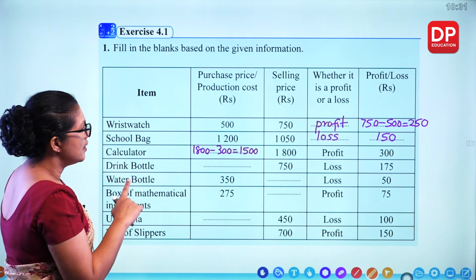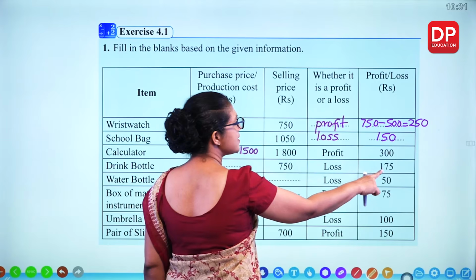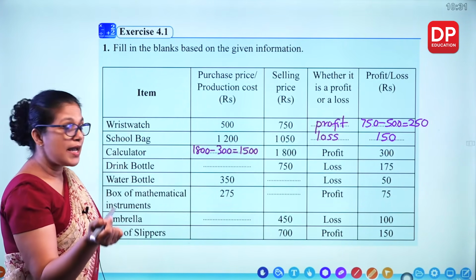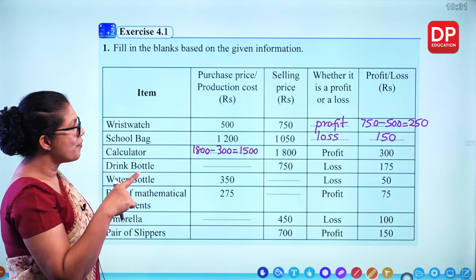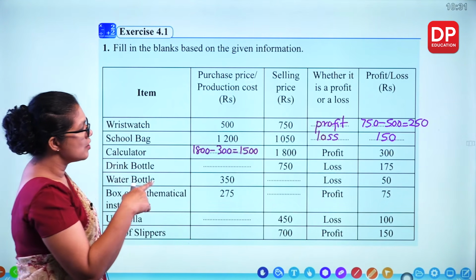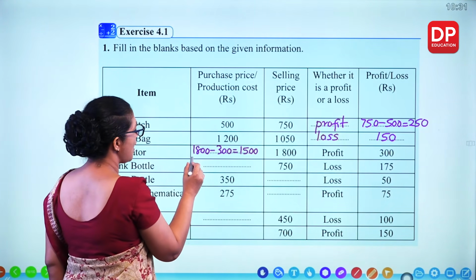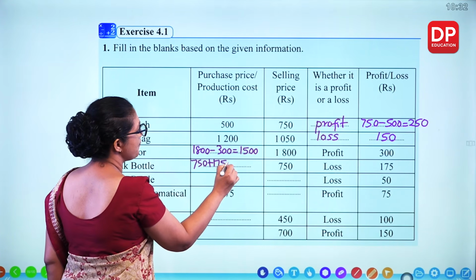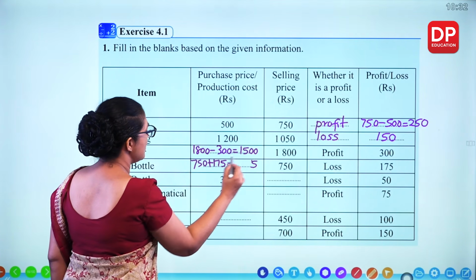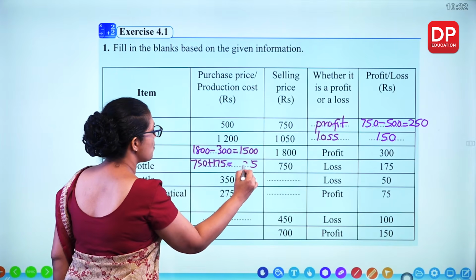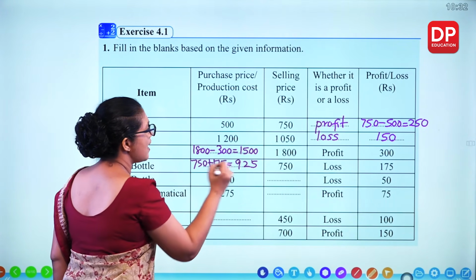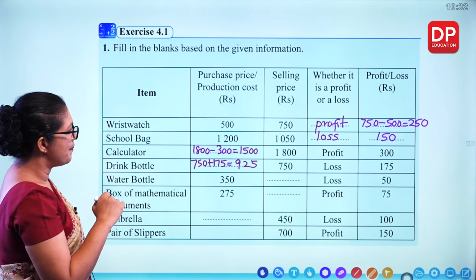This one, loss of 175, and this is 750. So the buying price should be more than the selling price. So you add 175. 750 plus 175. 5 there. 7 plus 5, 12. 1 remaining. 7, 8, 9. 925.